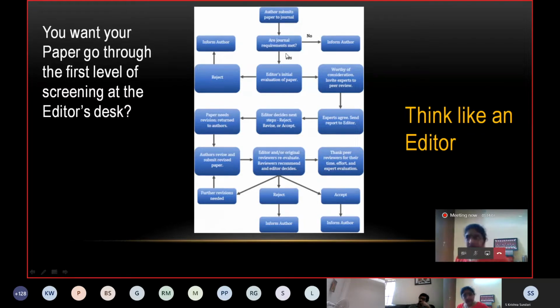If not met, they will reject. If it meets the journal requirements, it proceeds to the next step and goes through a complete workflow, wherein you finally either get your paper accepted or rejected, or it goes for further revisions. Once the editor reaches this decision, they inform the author.